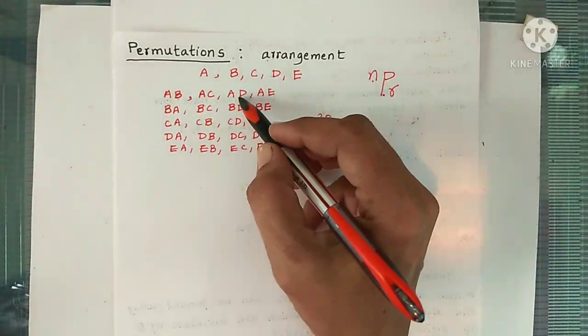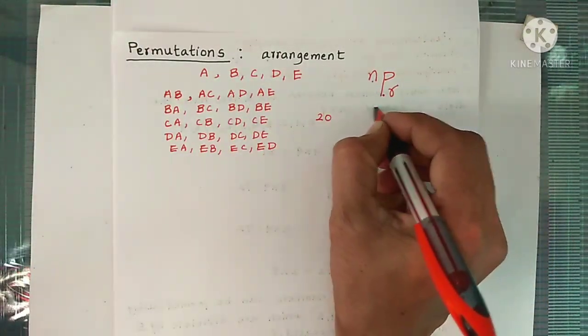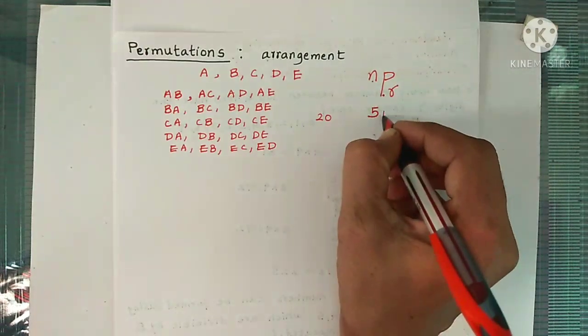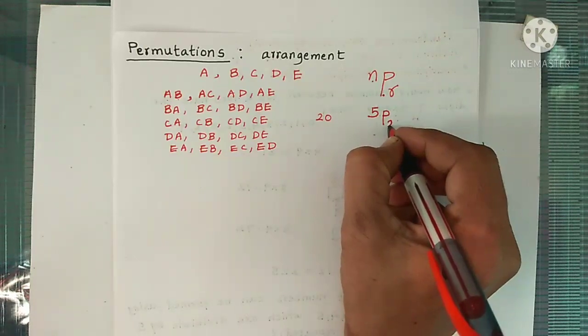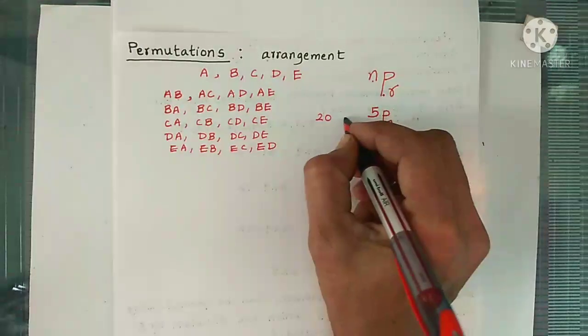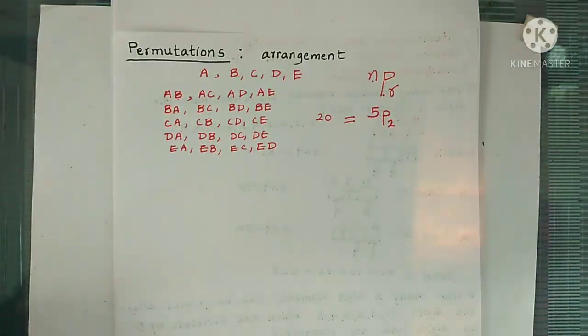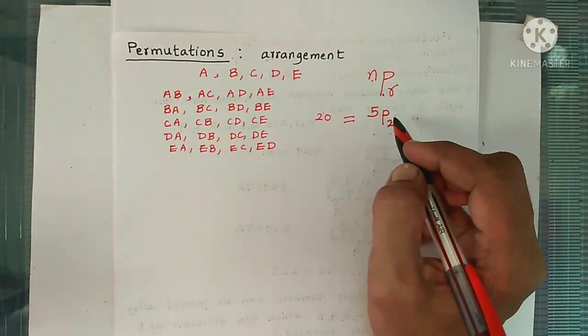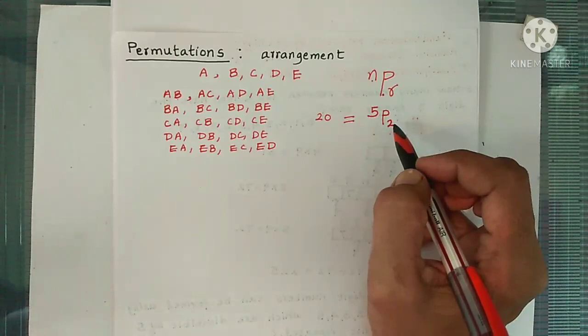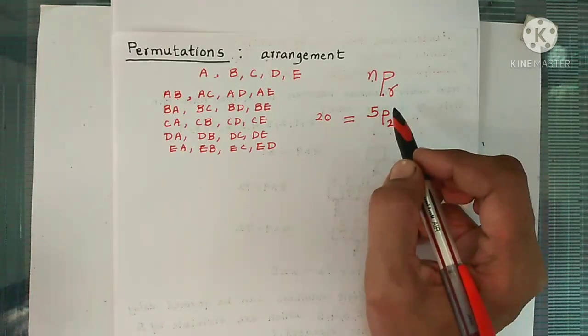So here two objects are to be arranged. In all we have five objects. We are writing the arrangements of five objects taken two at a time. So 5P2. So this 20 is 5P2. 5P2 means it is the number of arrangements of two objects out of five objects.